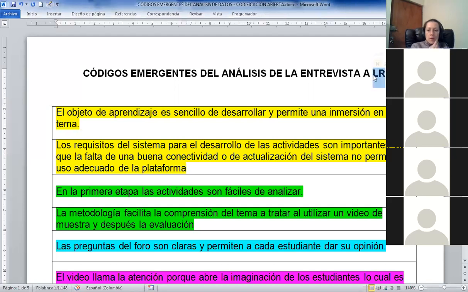Each one of the groups analyzed the interview of one student. The idea on stage 2 of data analysis, grounded theory, is to group and find commonalities in the codes that emerge from the analysis of the interviews.